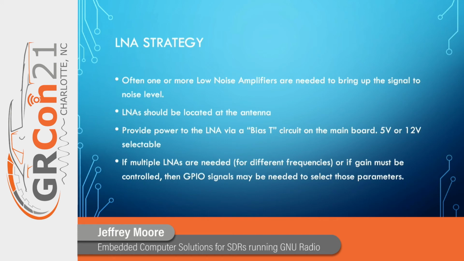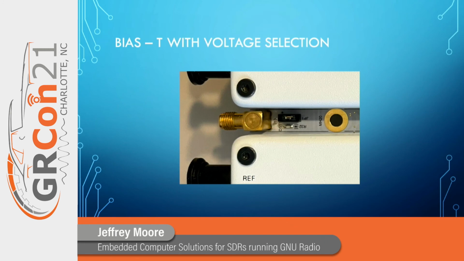Now, often LNAs are frequency specific, or sometimes they need to be gain controlled, and that means the CPU has to have GPIO signals in order to control those parameters. And in this particular example on this board, we don't do that, but we have done that on others. Here's an example of the bias T circuit that we provide out to that GPS with jumper selection for voltage.